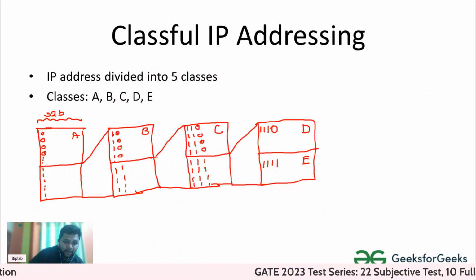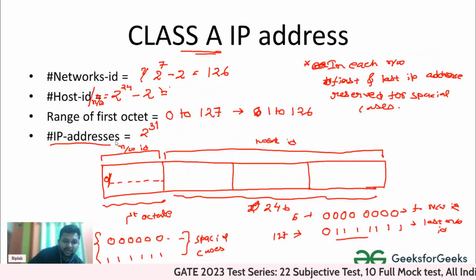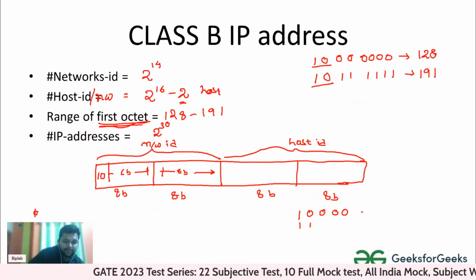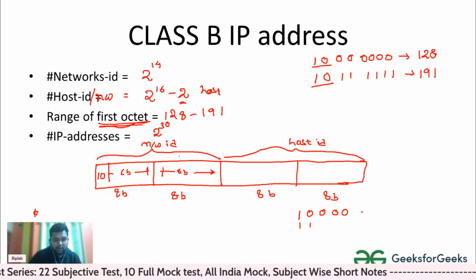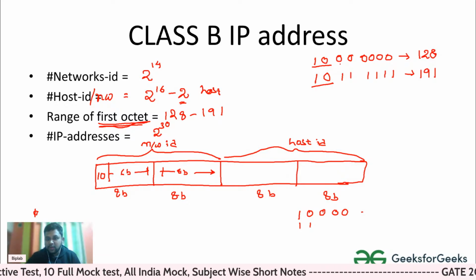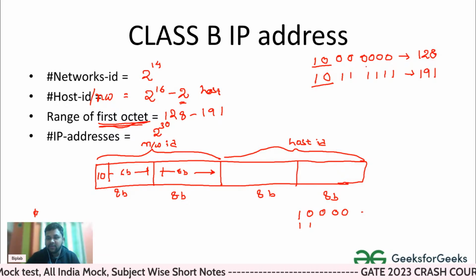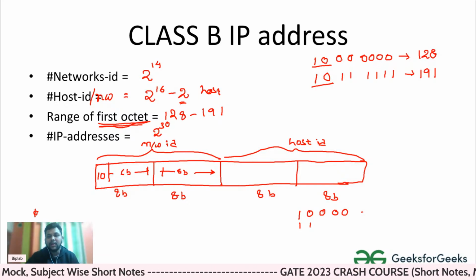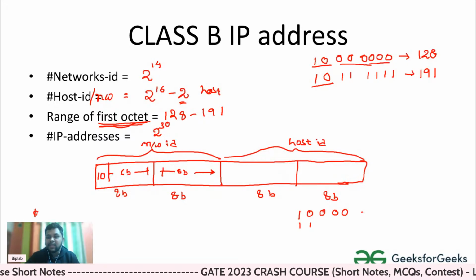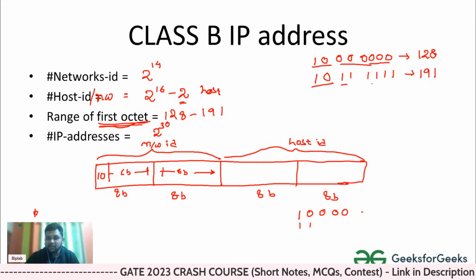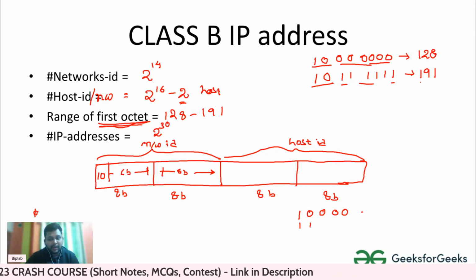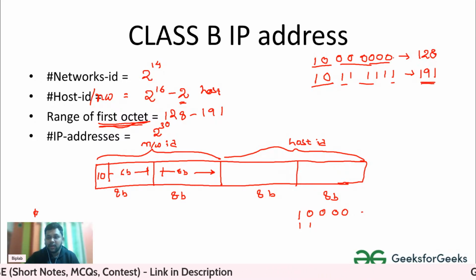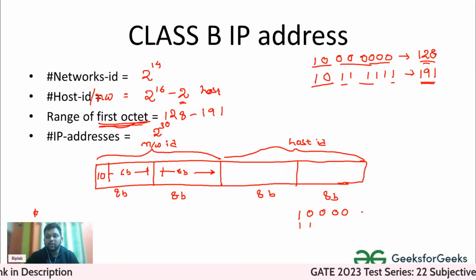When these two are fixed, the rest of the 6 bits of the first octet can be all zeros, the minimum, or at max all ones. Converting to decimal, the maximum is 191 and the minimum is 128.